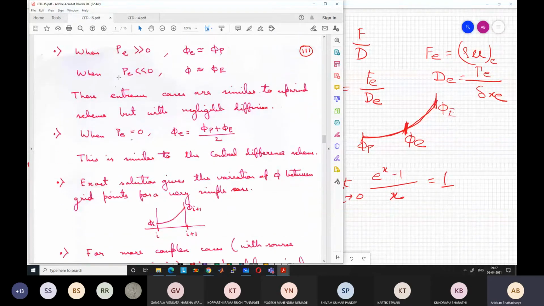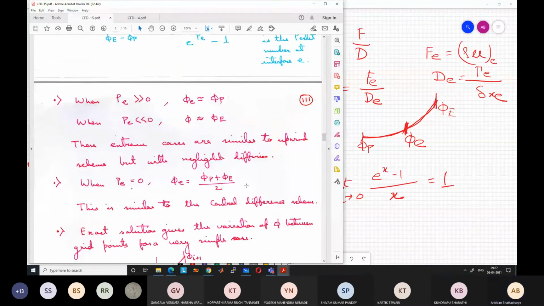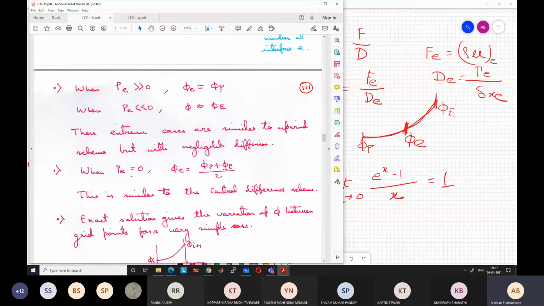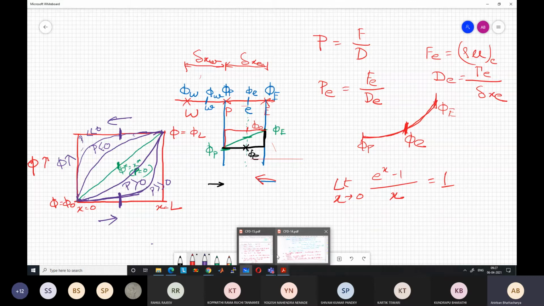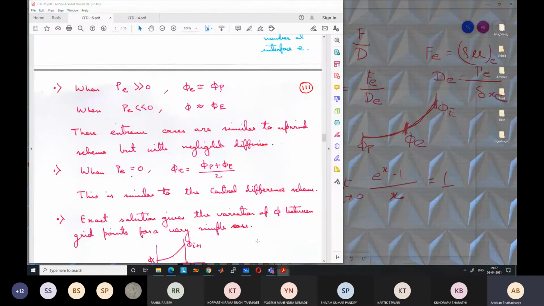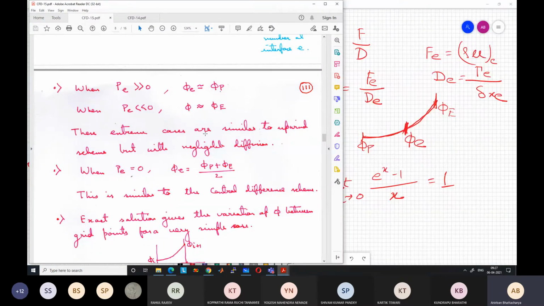Second point, also we have already discussed, if P is equal to 0, the interface value is equal to phi p plus phi e by 2, because if P is equal to 0, we have a linear variation and the interface value should be average of these two values, okay, linear average of these two values. So that is what we are seeing here also. P is equal to 0, phi is equal to phi p plus phi e by 2. This is similar to the central difference scheme.